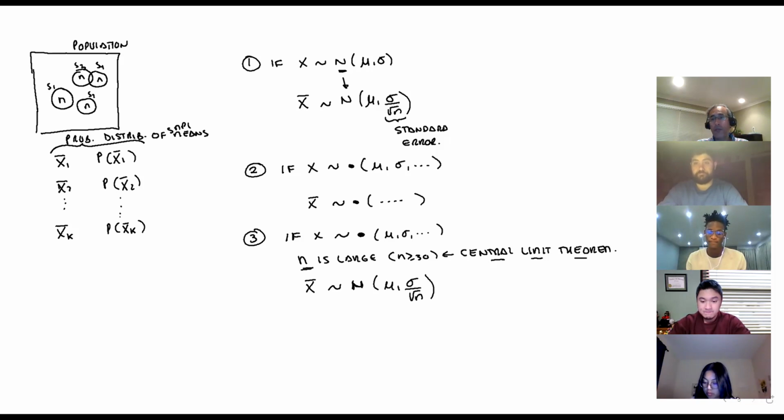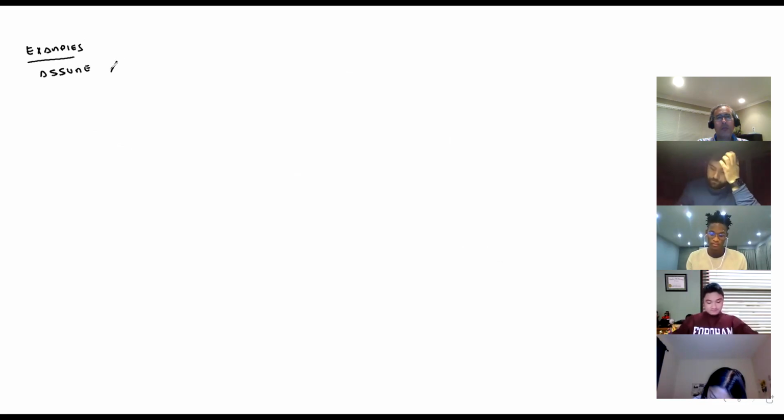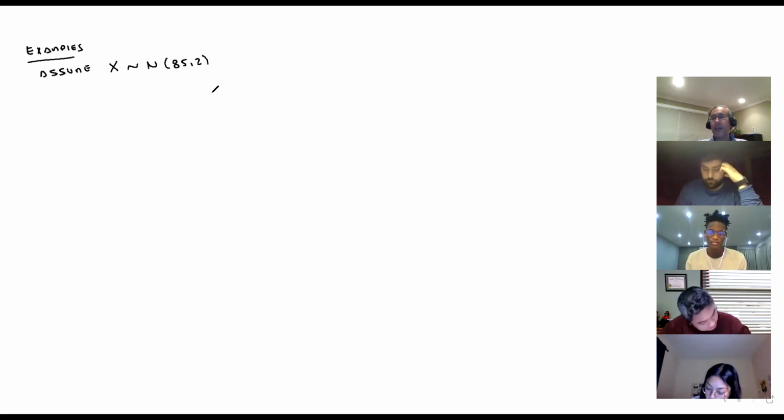Ready? Let's do examples. Okay, let's assume that X is normal with mean 85 and standard deviation 2. Assume that X is the grades on global financial markets.